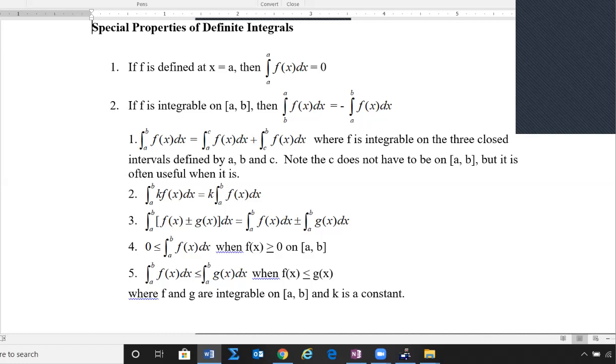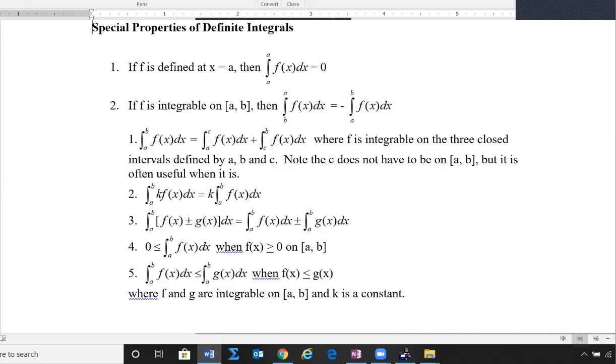All right, so another one, here it is. We can break an integral up into as many pieces as we want. In other words, I can break this into 2 pieces in this case, as long as c is the upper limit of the first integral and c is the lower limit of the second integral, and of course it begins at a and finishes at b.